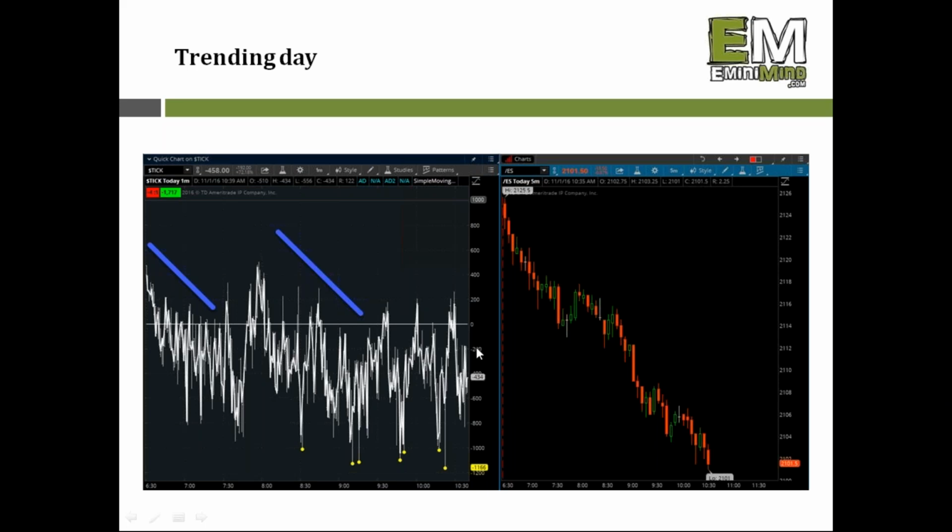And so by kind of fine-tuning your entries, you can maybe get a little bit better entry and then get that first target hit a little bit quicker and then have more profit in the trade. And so that would be the most ideal situation.